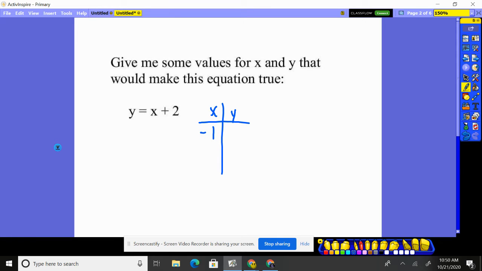Well, y is equal to negative 1 plus 2, which would be 1. What if x happens to be 0? Well, 0 plus 2 is 2. What if x is 3? 3 plus 2 makes y 5. So we have the ordered pairs (-1, 1), (0, 2), and (3, 5). Those are points that are on the line y equals x plus 2.